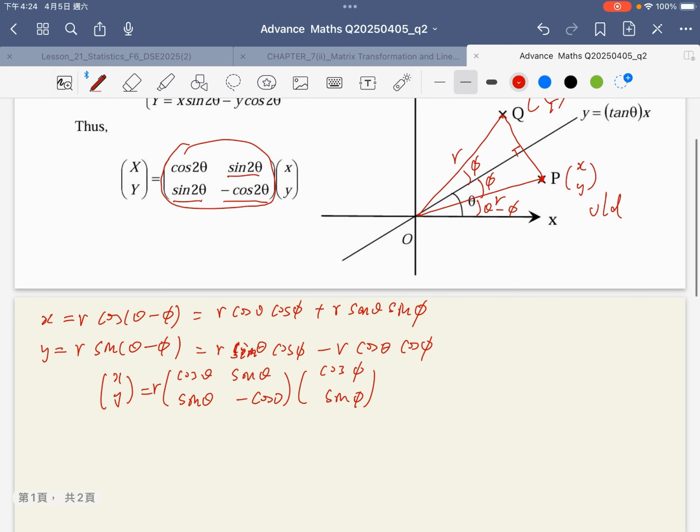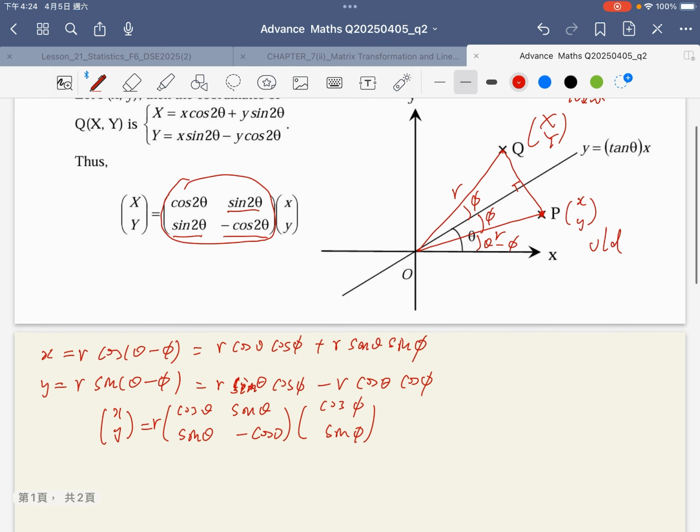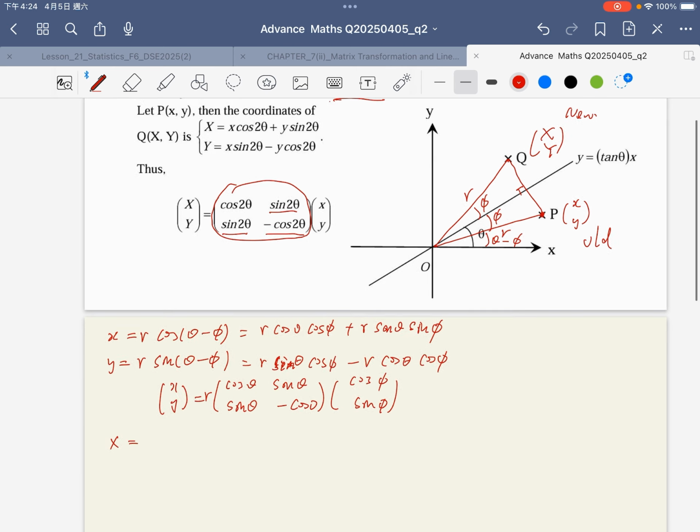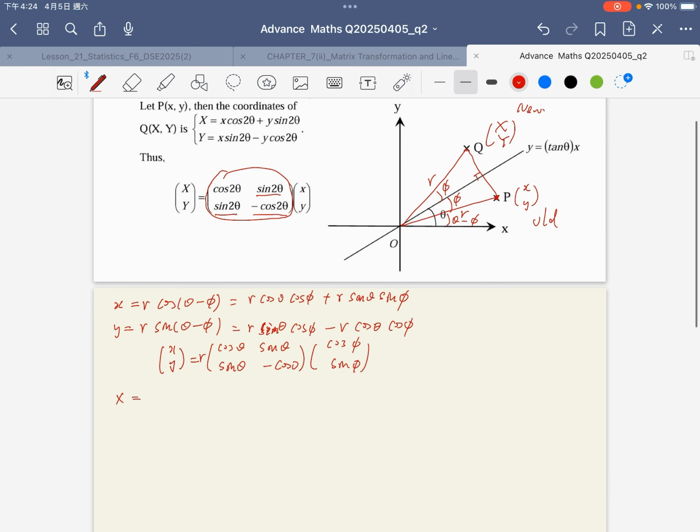Okay, let's look at the capital X and capital Y. Capital X should be equal to, similarly, with the angle theta plus phi, r cosine theta plus phi. Expand this; it is similar to the previous one, I only need to copy it but change the sign here to negative. Also capital Y is r sine theta plus phi.